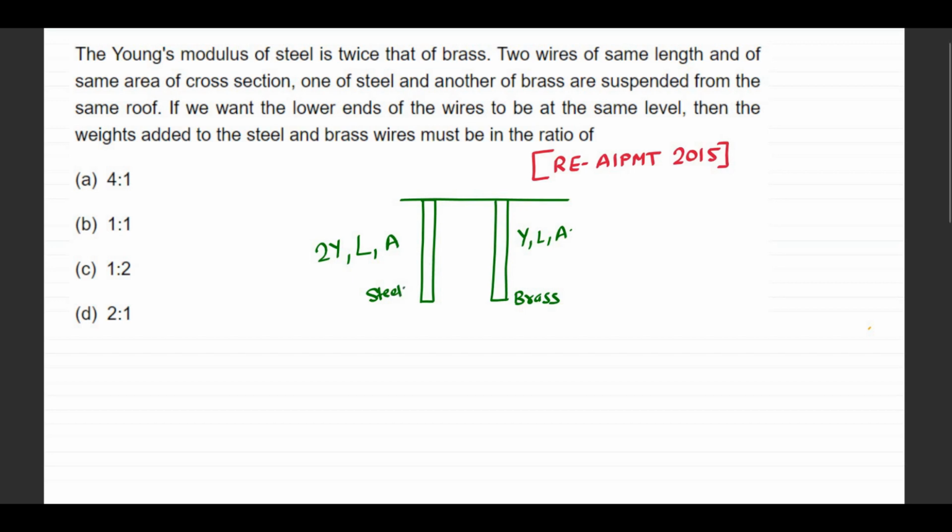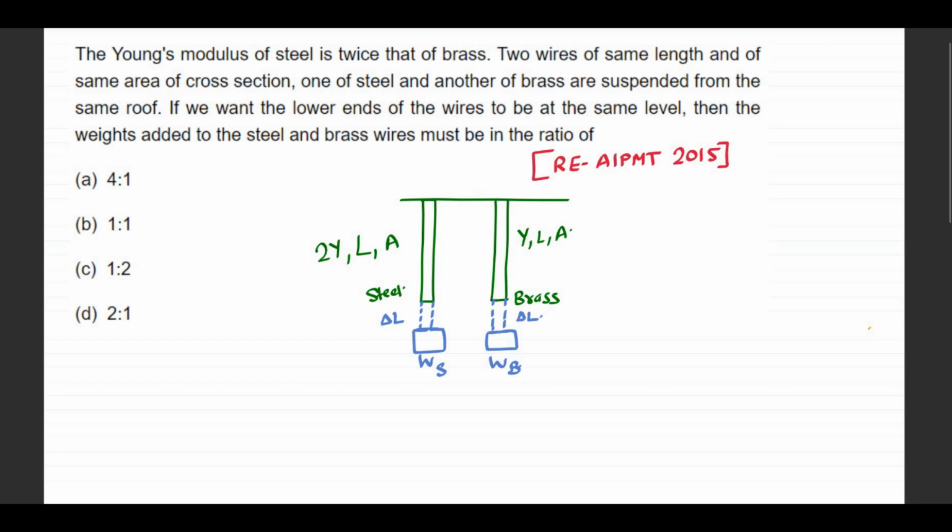We have to give some weights to these wires so that their lower ends are at same level. So that means after the weight there is an extension of this. So this is WS, this is WB. So both of them should undergo same extension, right?